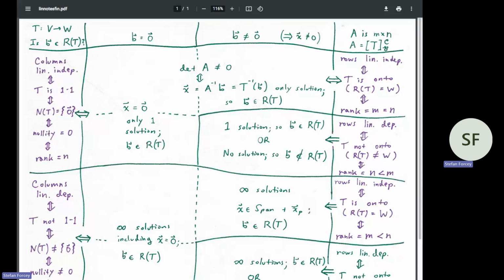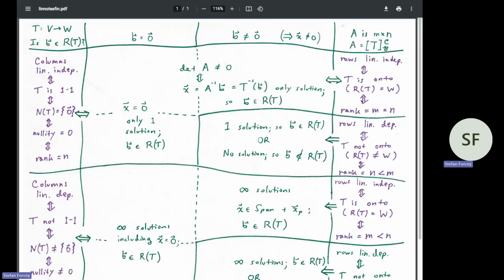So the solution will be unique when you augment with the zero vector, and so the null space will be just zero. You can also say that the nullity is equal to 0, and then you know that the rank is equal to n, since the nullity plus the rank have to add up to the dimension of V, which is n. That's true no matter what is true about the rows.